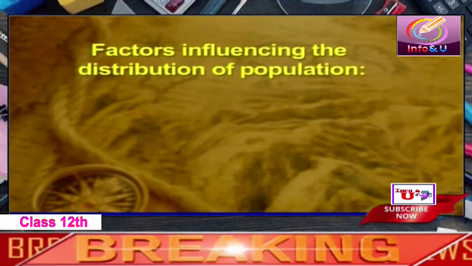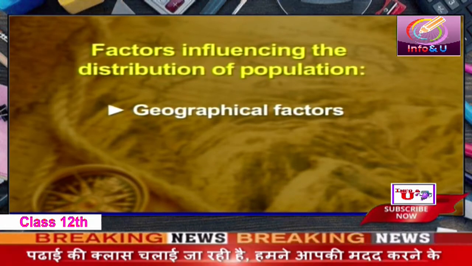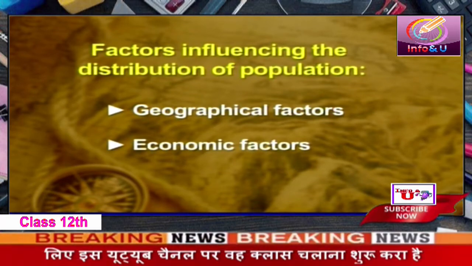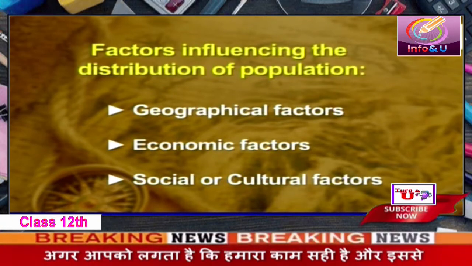So the factors influencing the distribution of population are as follows. First, the geographical factors. Second, the economic factors. And third, social or cultural factors. Some of the physical factors affecting the population are availability of water, relief features, climate, and soil.